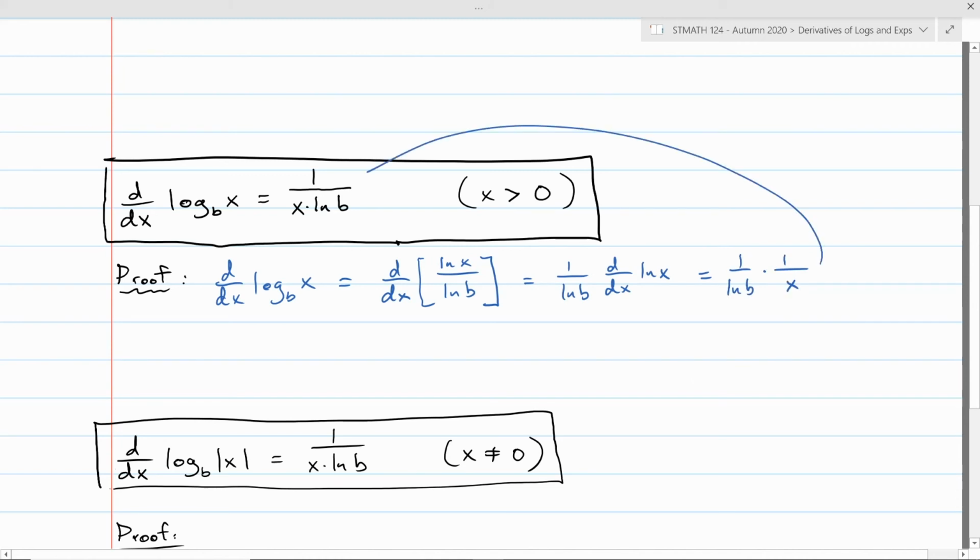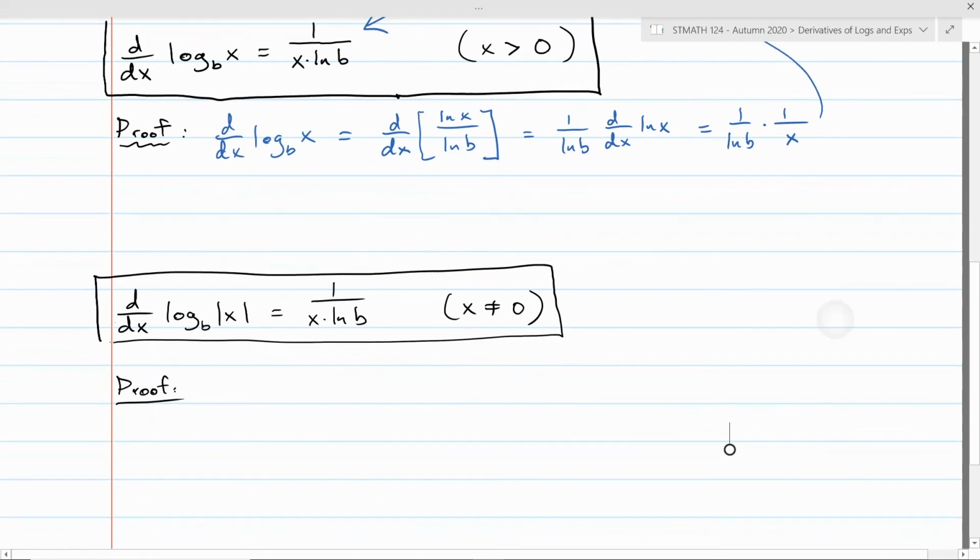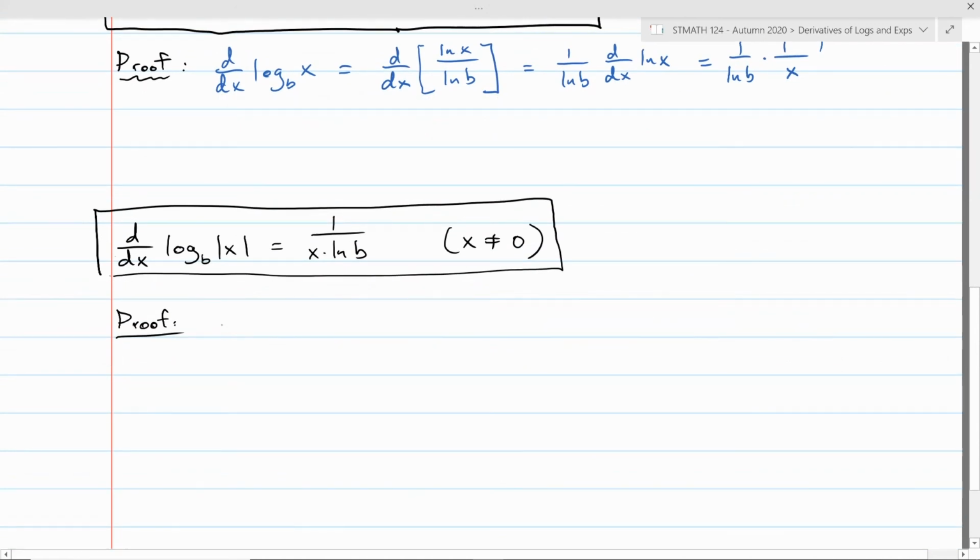And then we can also do this extension for the log base b of absolute value of x. Well, if I want to take the derivative of log base b of absolute value of x, I can still use the change of base formula on that, and that would just be natural log of absolute value of x over natural log of b.